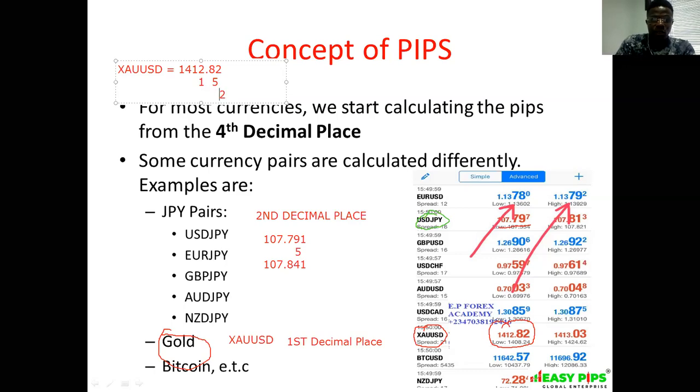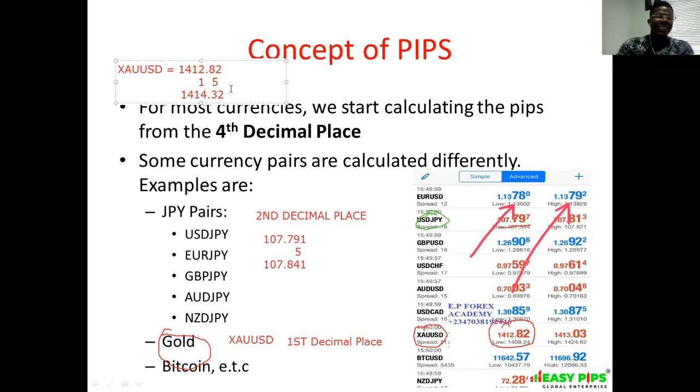First, you write this last digit 2, then 8 plus 5 will give us 13, 3. Then you take 1 to this other side. This one will turn to 4. So the new value is going to be 1414.32. So that will be the new value of gold.